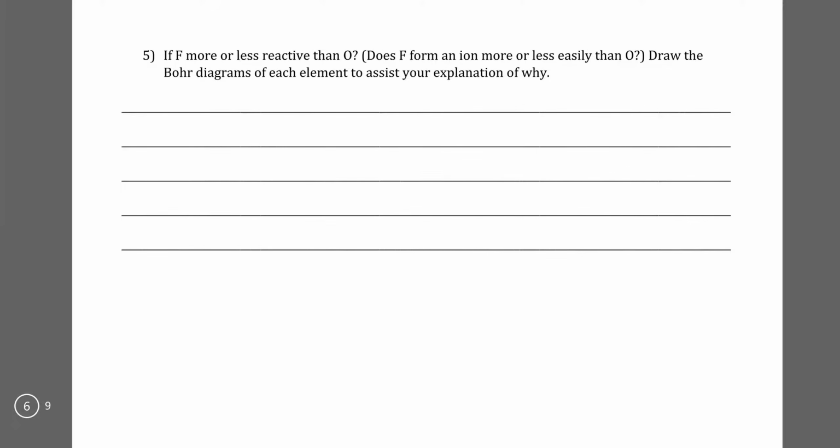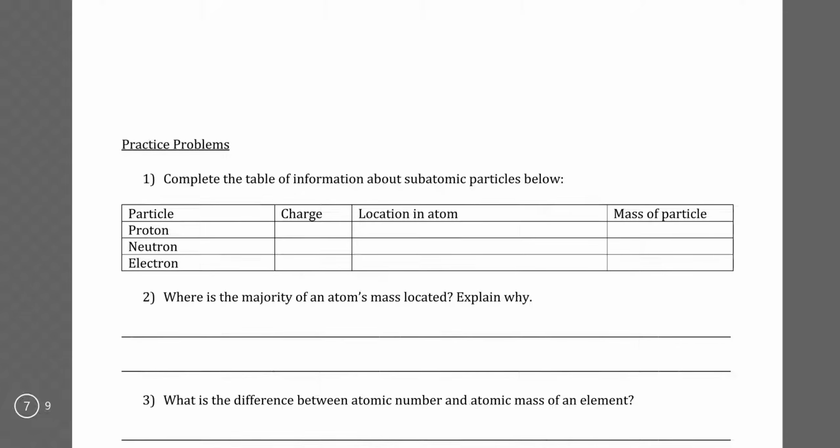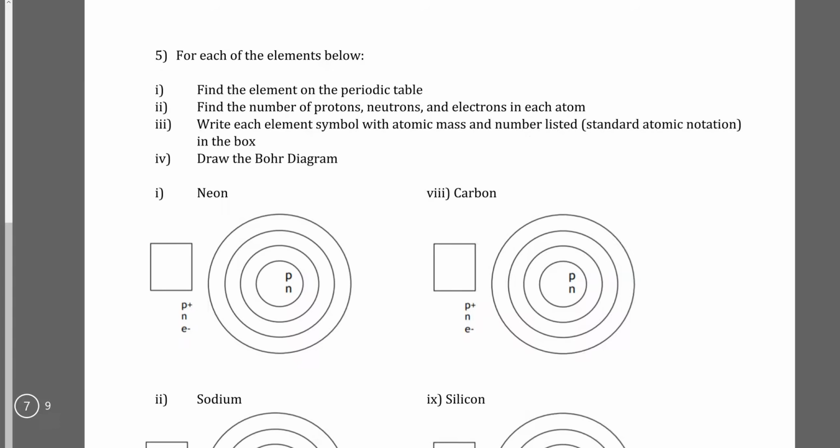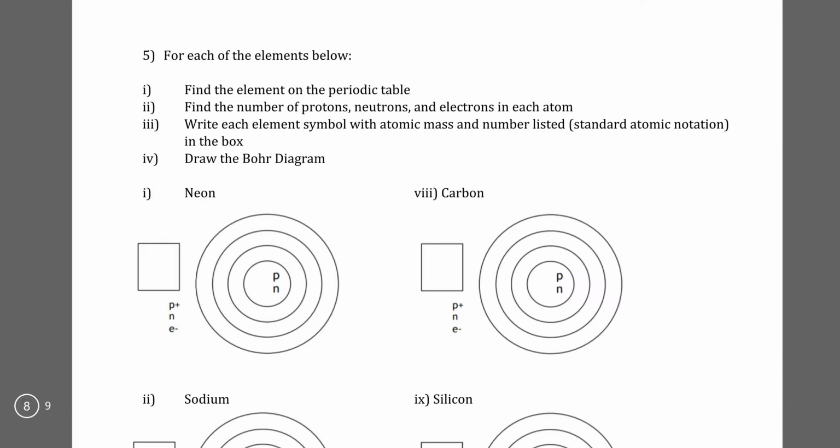But for the beginning, start by trying to identify the number of protons, neutrons, and electrons that each element has, and see if you can put your knowledge of drawing Bohr diagrams in order to construct the atomic structures of each of the elements in the practice problems here.